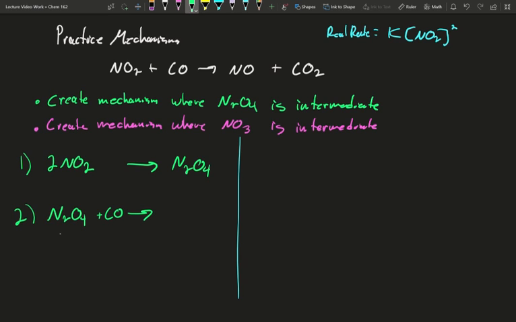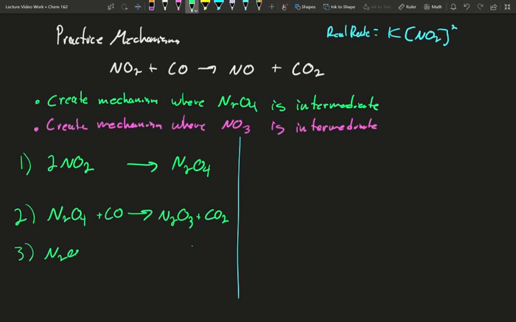Well, that's 2 nitrogens, 4 oxygens. One of those oxygens is going to move on to the CO to become CO2, which leaves me 2 nitrogens and 3 oxygens to work with. Well, I could have N2O3, maybe that gets formed. And maybe there's a third step.